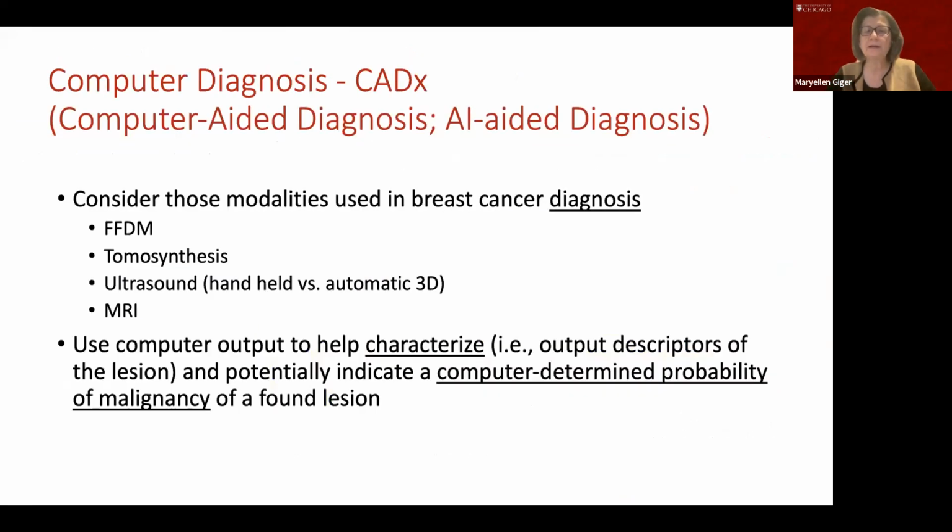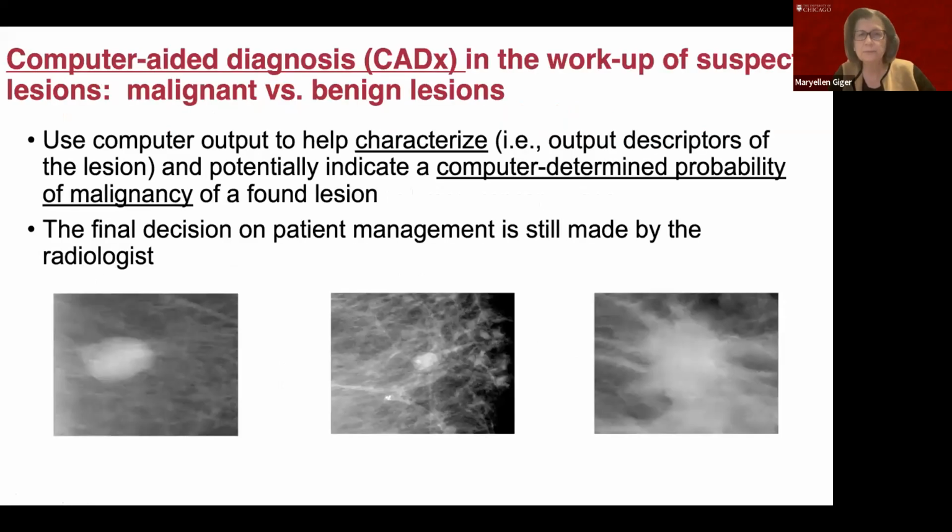In computer-aided diagnosis, there are also more modalities used in breast cancer assessment: full-field digital mammography, tomosynthesis, ultrasound, and MRI. And here what we're doing is using the computer to help characterize the abnormality and to indicate potentially a computer-determined probability of malignancy on a found lesion.